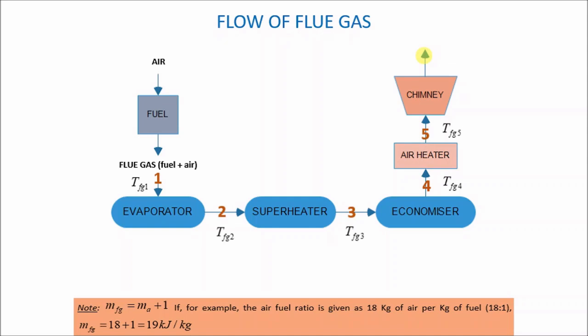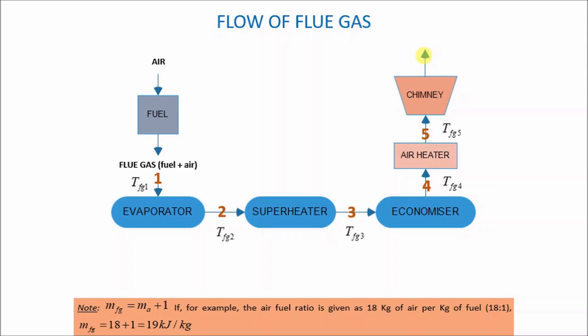So please know the direction of flow of the flue gas, because it's really important to also know that, because the heat absorbed by the various components, the evaporator, the superheater, the economizer, you can also find it using equations that relate the mass of the flue gas to the change in temperature before and after each of these components.